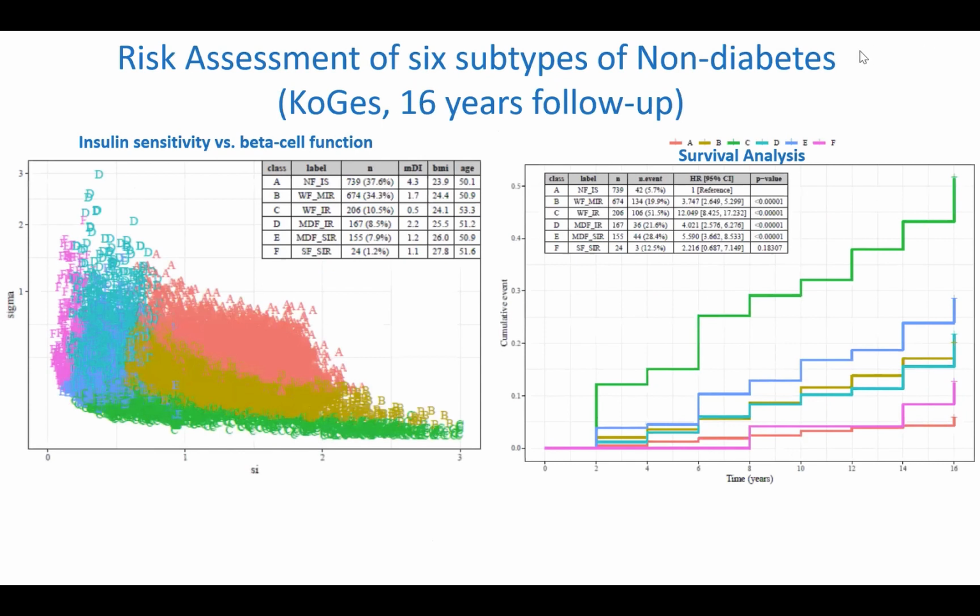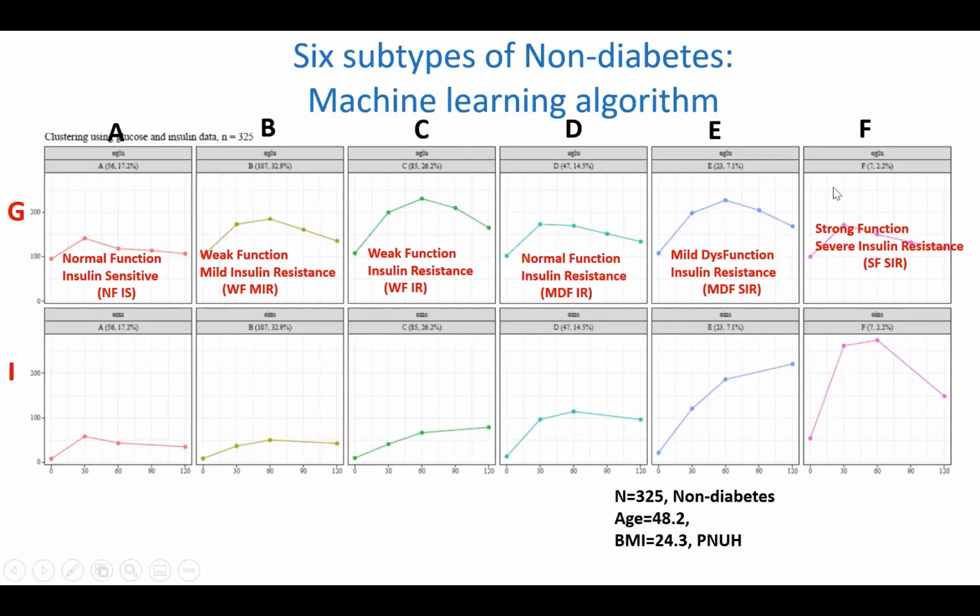We need a slightly different method, so we use a machine learning algorithm. We fit glucose and insulin data, and we have 6 subtypes of non-diabetes using the machine learning algorithm.